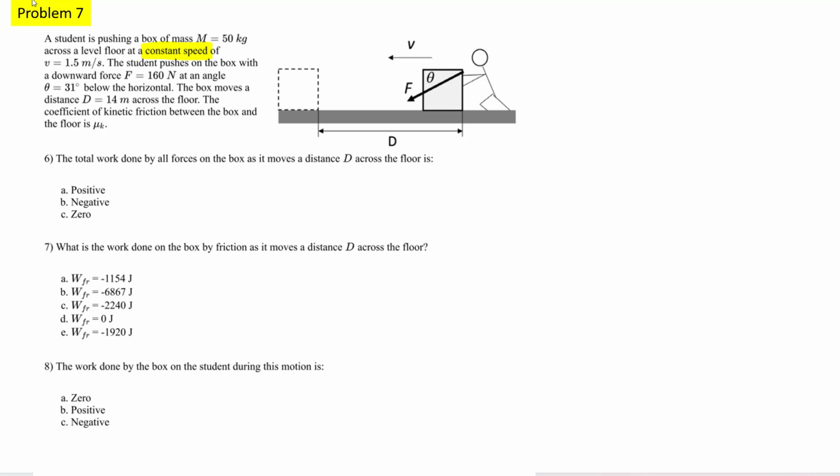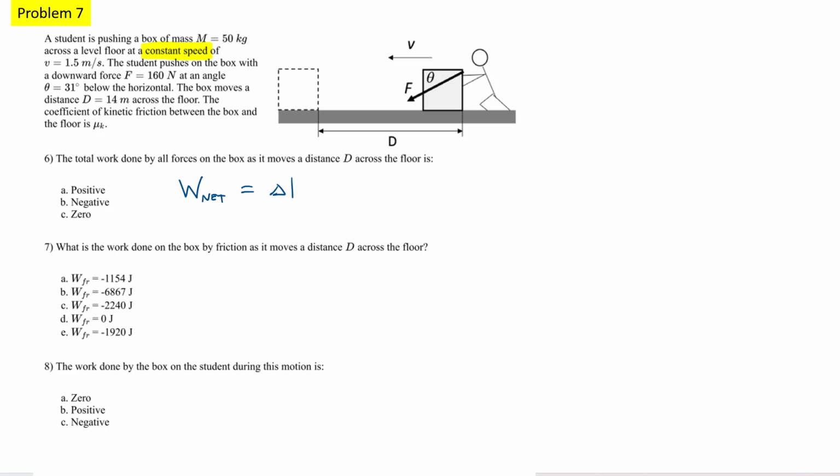They tell you there is friction here. There's a coefficient of friction between the box and the floor, and that value is mu k. We are not told that value, however. Question 6 says the total work done by all forces on the box as it moves a distance d across the floor: is it positive, is it negative, or is it 0? So this is a direct application of, guess what? Our work energy theorem.